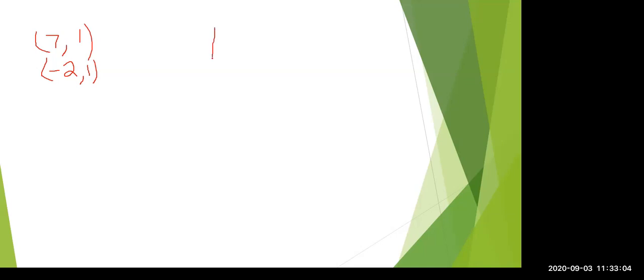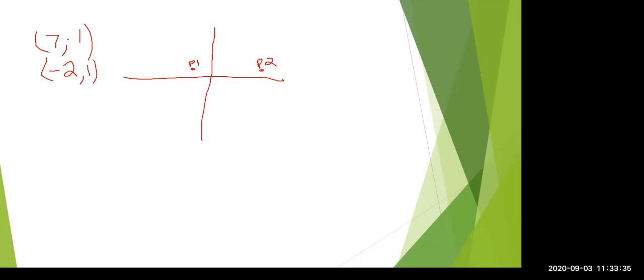Say we have a graph, then let's draw the points. 7, 1 would be somewhere right here, and negative 2, 1 is about here. Looking left to right, this point is point 1 and this point is point 2.